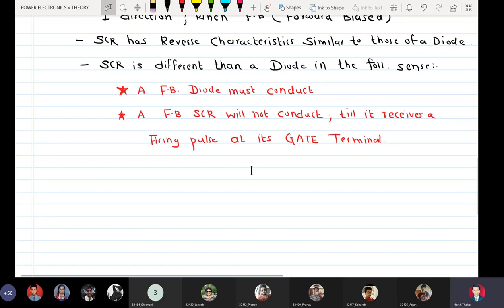Now, what makes the SCR different than a diode is here.